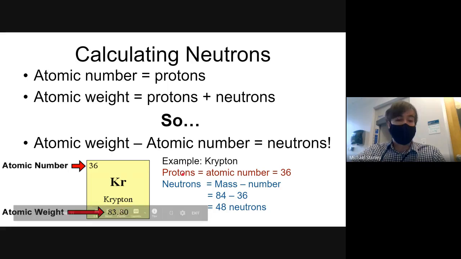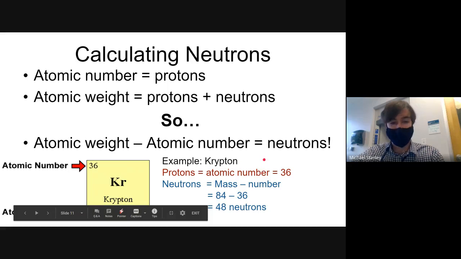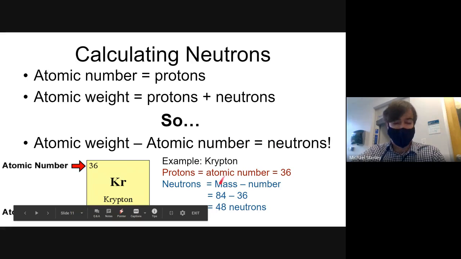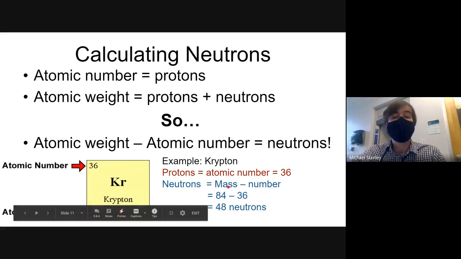So our protons are 36. Pretty simple. We have 36 protons in krypton because the atomic number is 36. For neutrons, we have to do the mass minus the number. We said the atomic mass is about 84. 83.8 is close enough to 84 to where we can just round it.